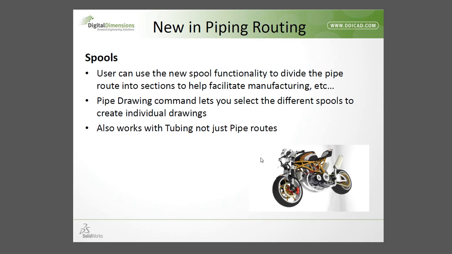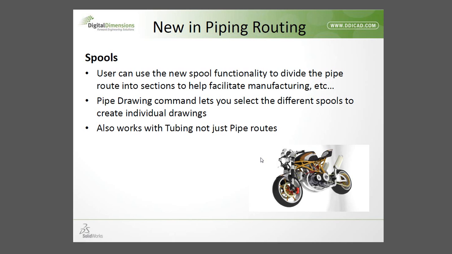So we'll go ahead and get started. I'm going to start with what's new for routing on the piping side. The main thing they've added is the ability to add spools. Spools are a way to break up pipe routes into smaller pieces to help on the manufacturing side, transportation, and other reasons for breaking them up.